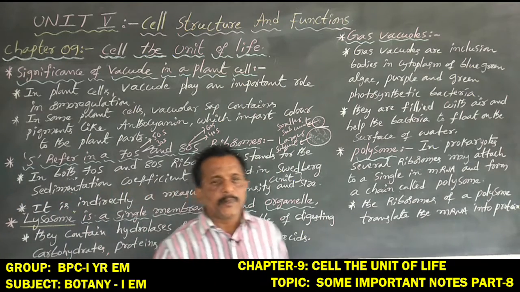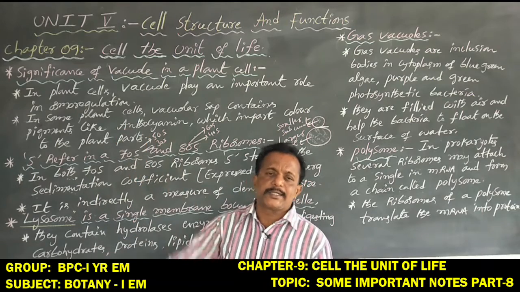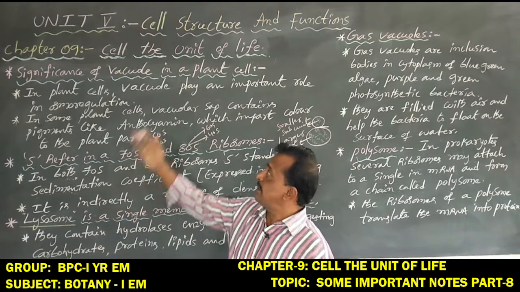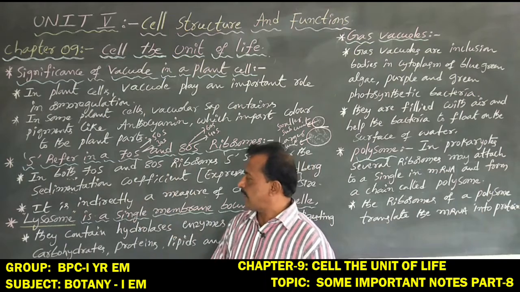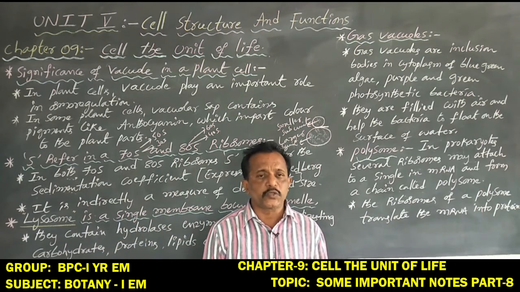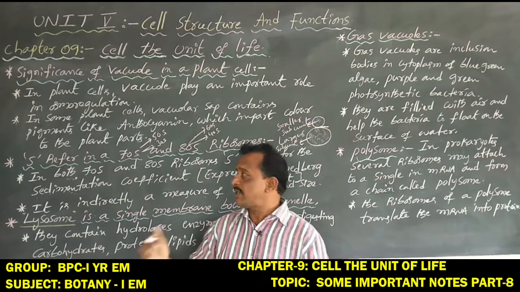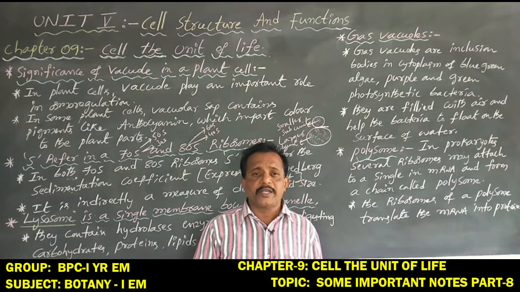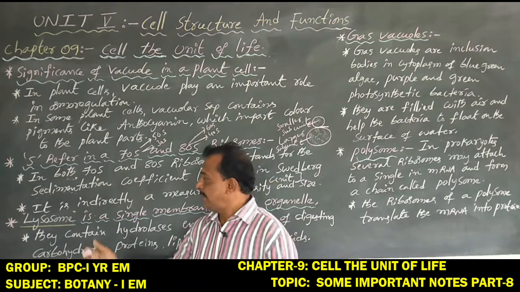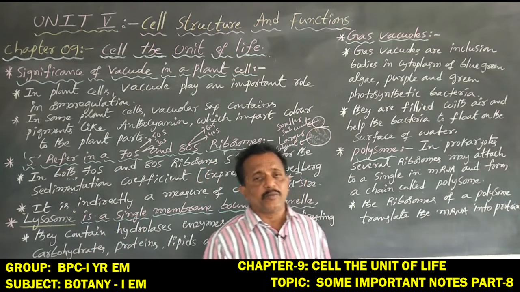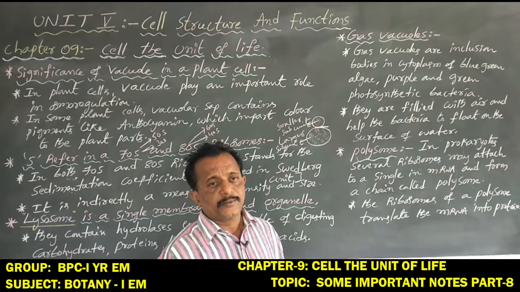So these are some important cell organelles. One is vacuole, second one is ribosome, third one is lysosome. Vacuole is a single membrane bound cell organelle, ribosome is a non-membrane bound cell organelle, and lysosome is a single membrane bound cell organelle.